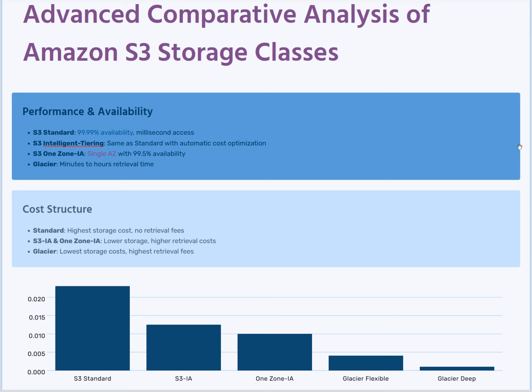Normally the one we are going to use is S3 Standard. S3 Standard has 99.99 percent availability. You can access it within milliseconds, so fast access.